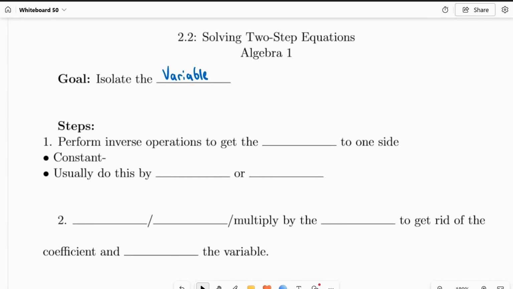First thing is we're going to perform inverse operations to get the constant to one side. Remember, your constants are just your numbers or your terms without a variable.